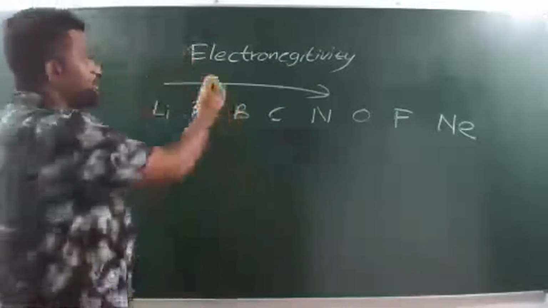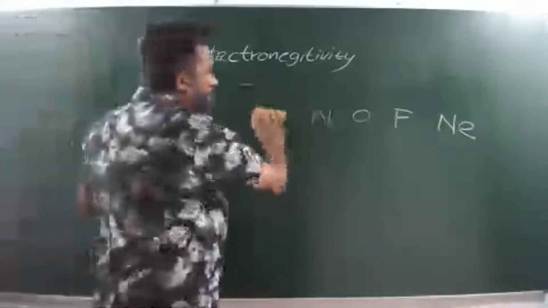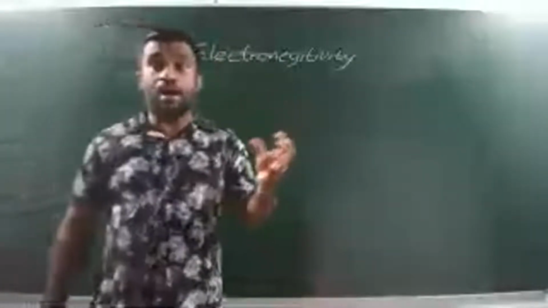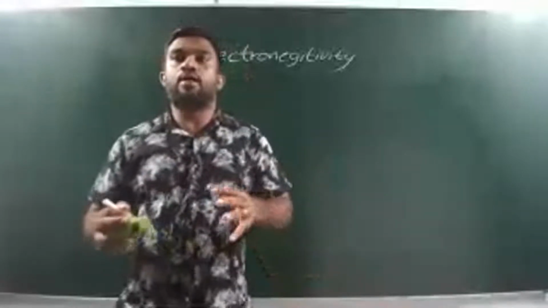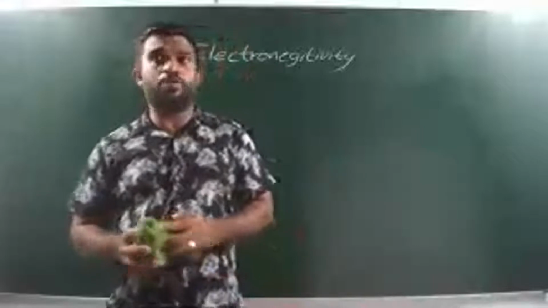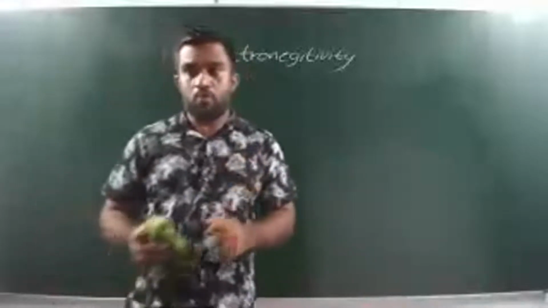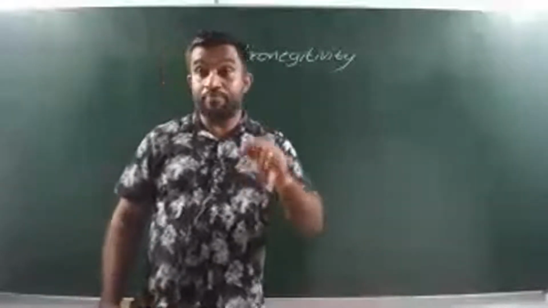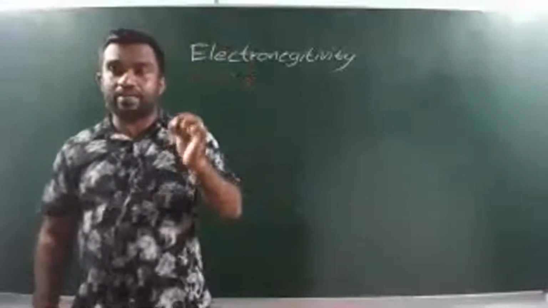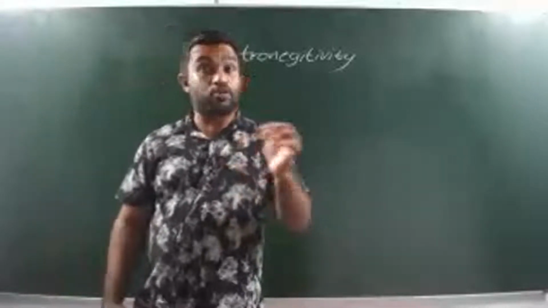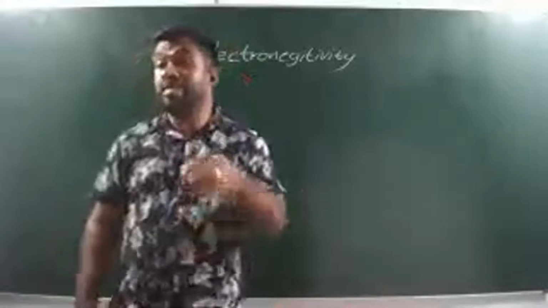In your A levels, in your examination, there's a very wonderful question which is asked frequently: you are given some molecules and asked to order them in ascending or descending order by electronegativity. Now we are going to talk about how we determine the electronegativity of an atom in a molecule.